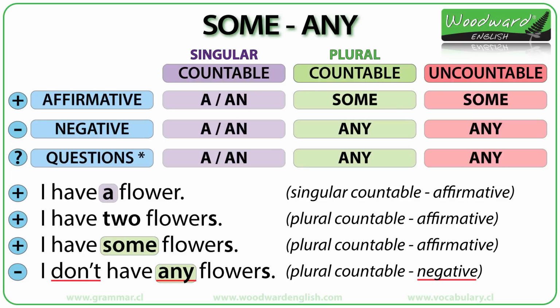So we say, I don't have any flowers. Some and any are used to refer to an indefinite quantity of something. Let's look at some more examples. Remember, some is for affirmative sentences and any is for negative sentences.